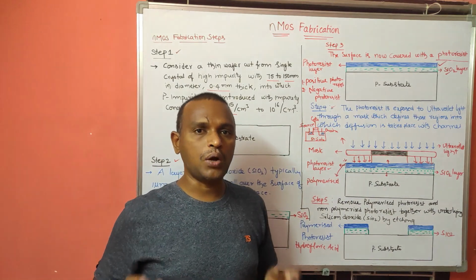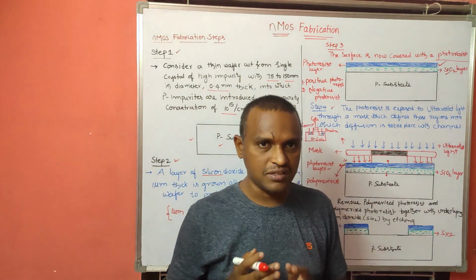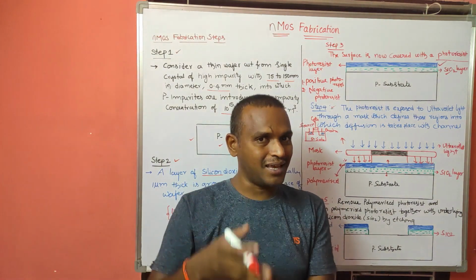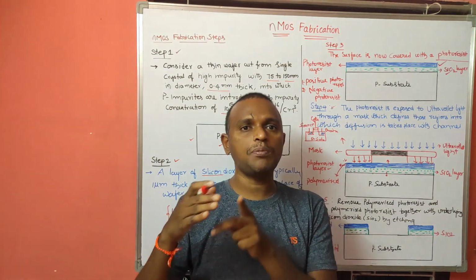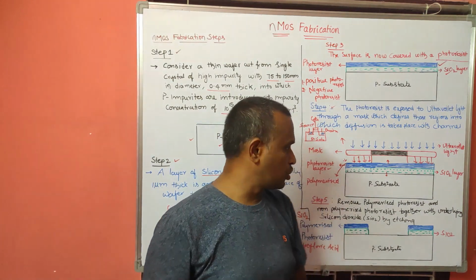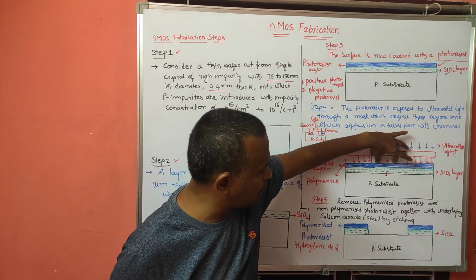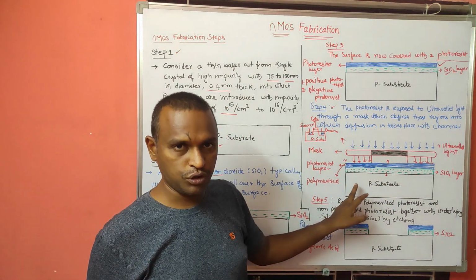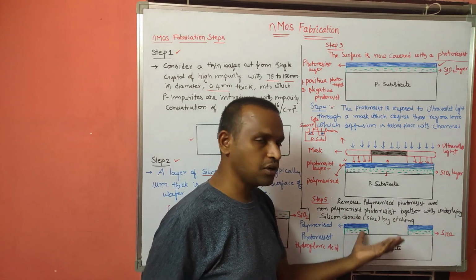So what we have to do in step 5 is remove the polymerized photoresist, and at the same time remove the unpolymerized photoresist and the SiO2 under it. That means we have to remove this one and this one at a time, and this polymerized photoresist.